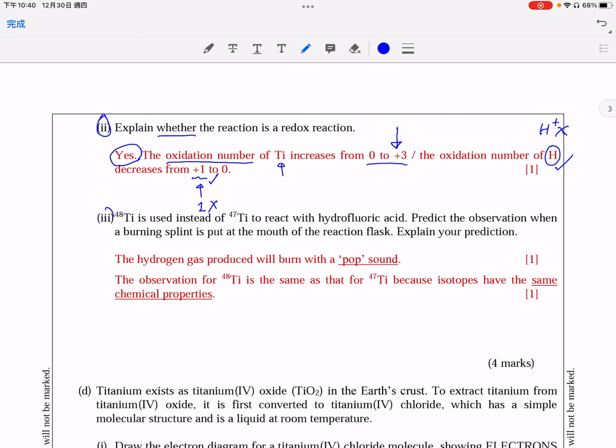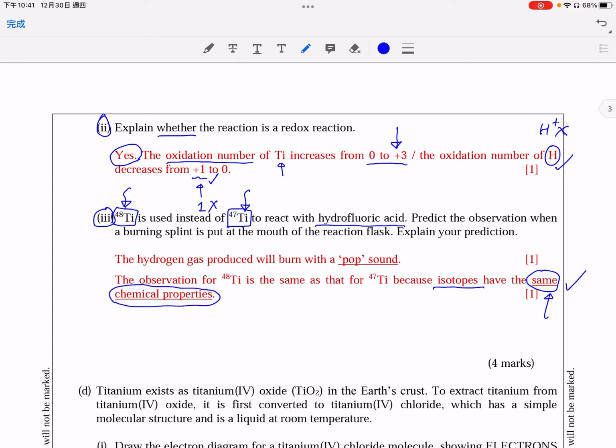In part 3, if titanium 48 is to replace titanium 47 to react with the HF, make sure you know that these 2 are isotopes of titanium. Isotopes should have the same chemical properties. I repeat, same chemical properties.